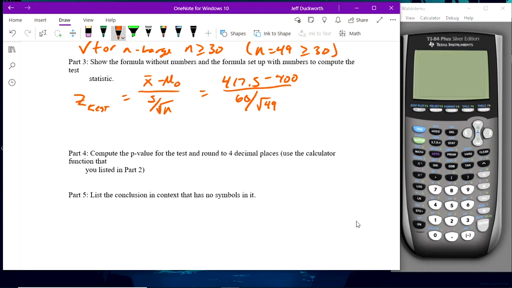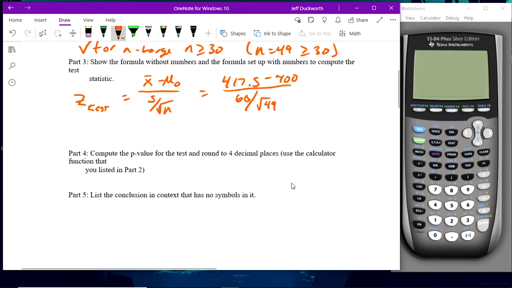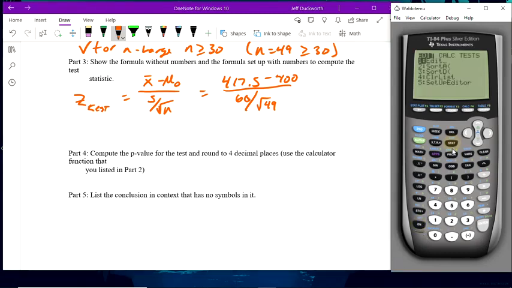All right, compute the p-value for the test and round to 4 decimal places. Use the calculator function that we listed in part 2, and that was the z-test. So let's do that. So stat and go over to tests will get us to it. Z-test is the first one. All right, we do have summary stats. We're going to leave that there.